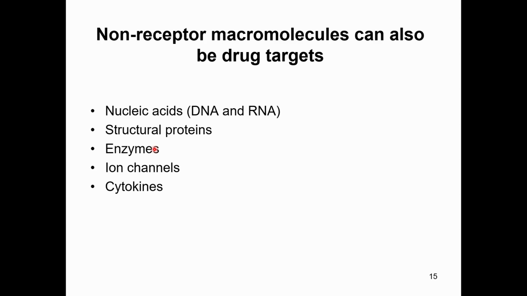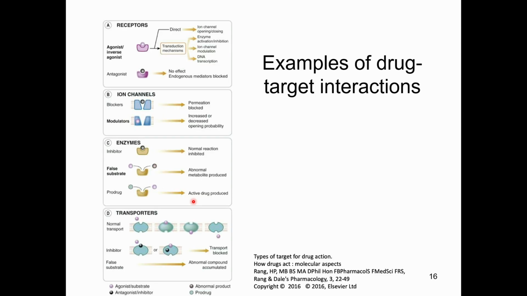Some drugs target ion channels, and others are regulating cytokines, which are endogenous ligands that do something in the body. So I would say most drugs target receptors, but many do not. And so these are some examples of these. So receptors, ion channels, enzymes, and I'll introduce transporters as well.